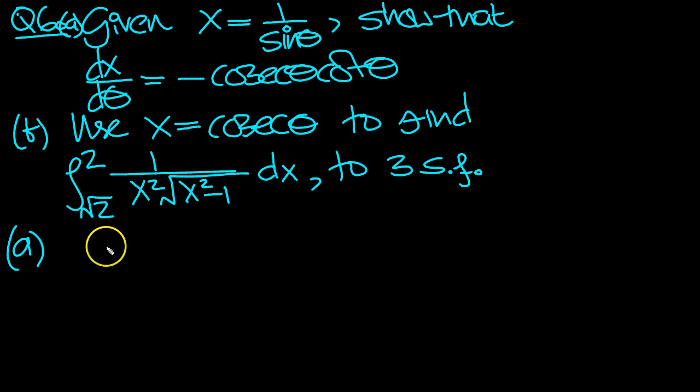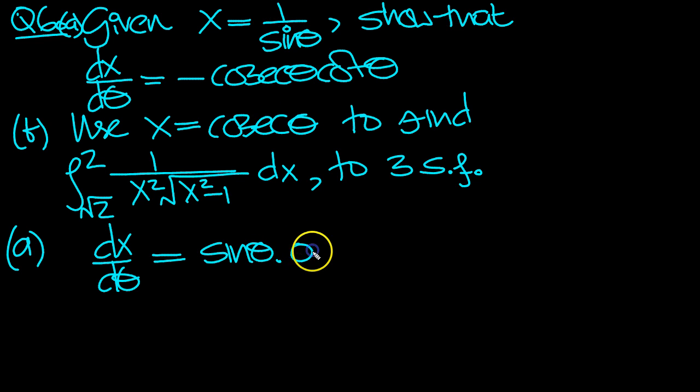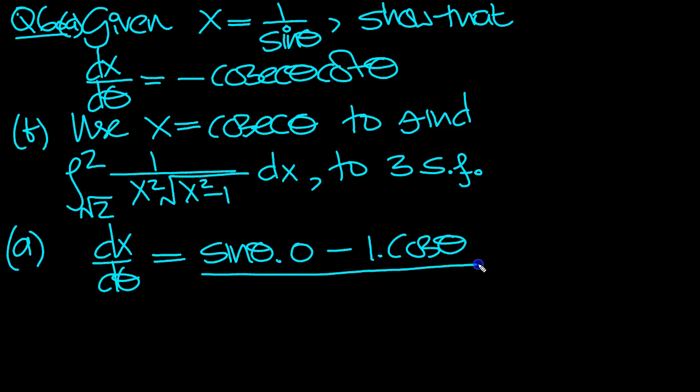So x is equal to 1 over sine theta, so dx d theta then is equal to v times du dx, 1 goes to 0, minus u, 1, times dv, cos theta, all over v squared, sine squared.